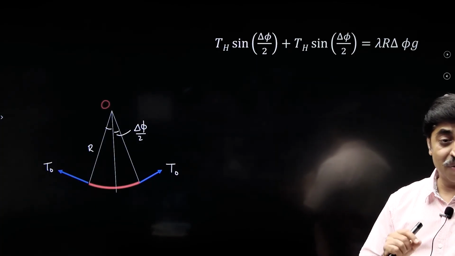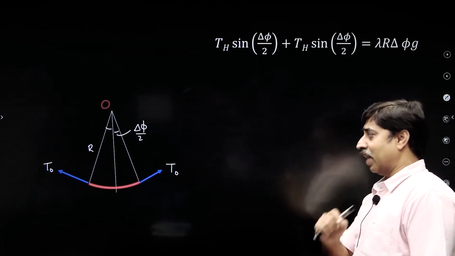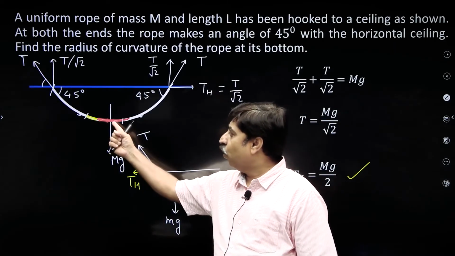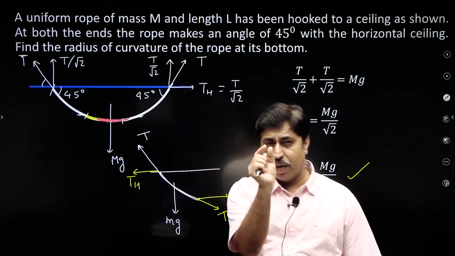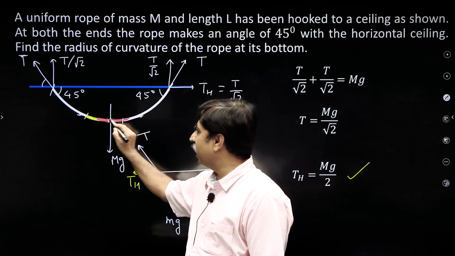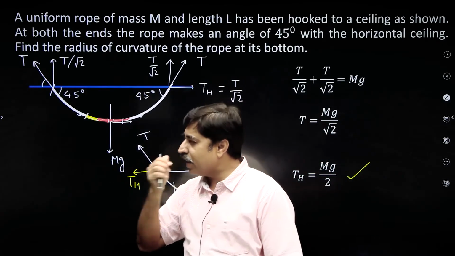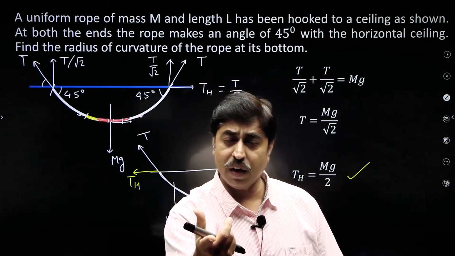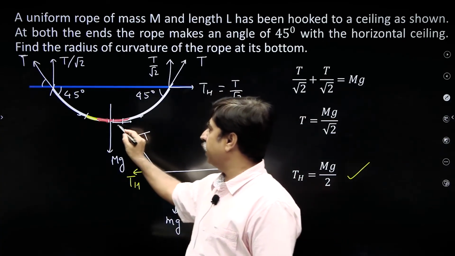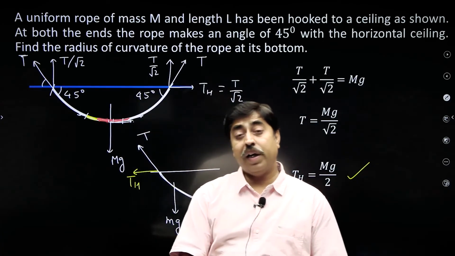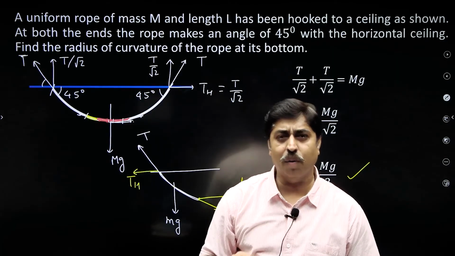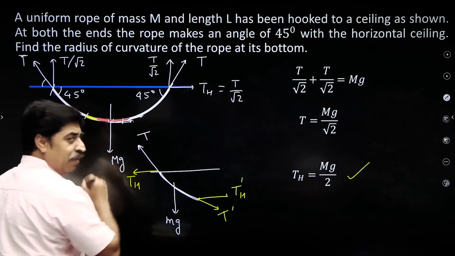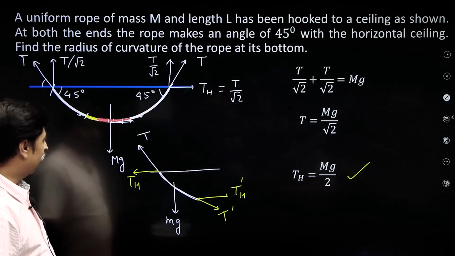Now, please try to imagine that because we are at the lowest position of the rope, and our element is a very small element here, the tension here is almost horizontal. Can you see that? Because the tangent here is horizontal. Why do I say almost horizontal? Because if I draw a tangent just here, it will be horizontal, no doubt about it.